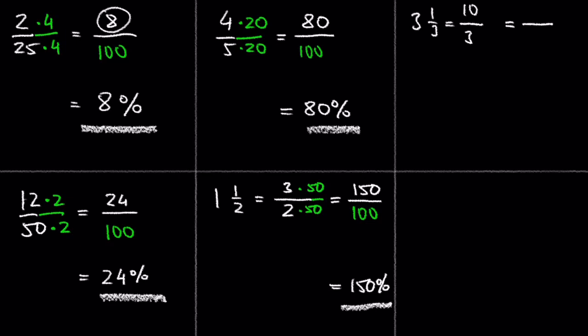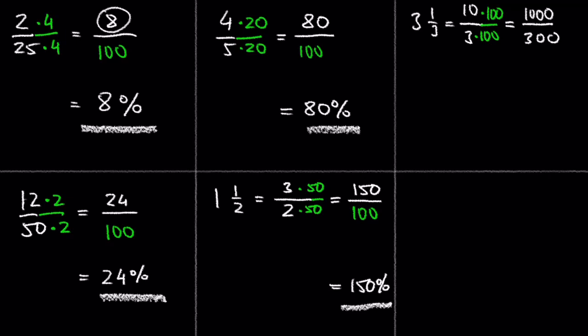We can't make 100 out of the 3 in our first step, but we can make 300 out of it by multiplying the 3 by 100. And multiplying the 10 by 100 gives us 1000. So we get 1000 over 300.